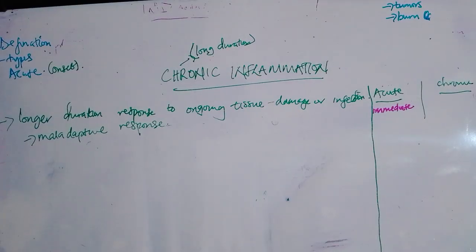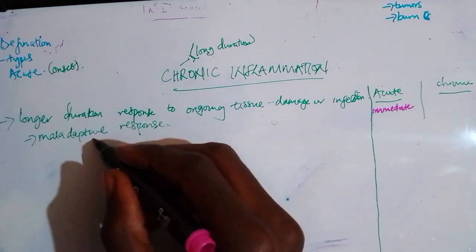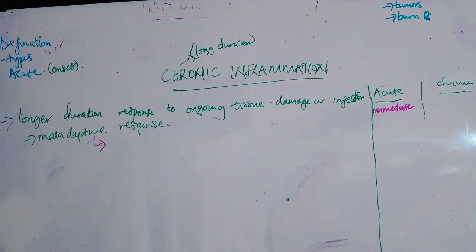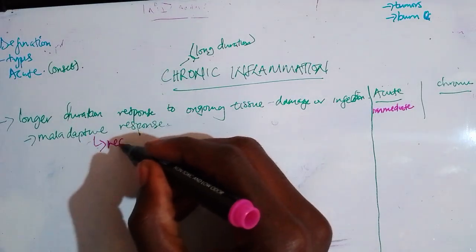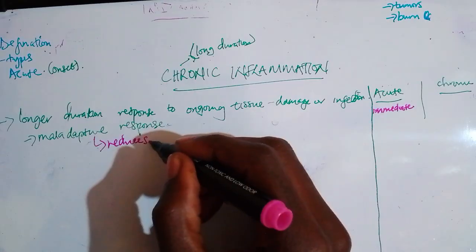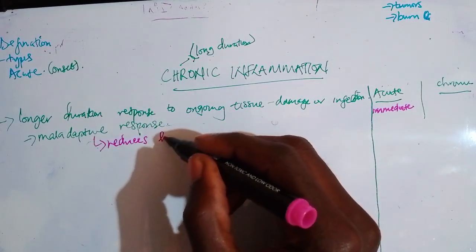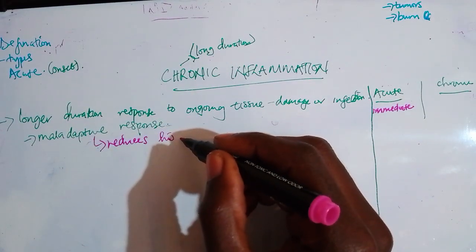What do we mean when we say it is maladaptive? In this case, chronic inflammation does not help the patient, but it reduces his health.